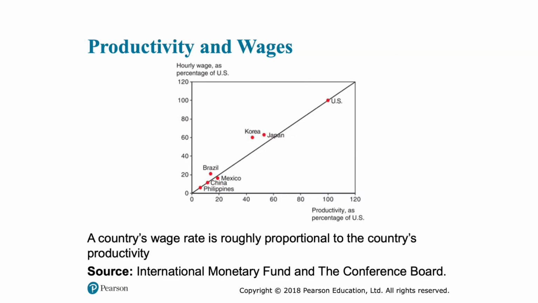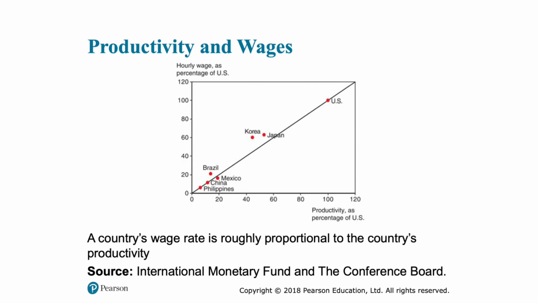So look at some cross-country examples. The X variable is productivity as a percentage of the US. China has low per capita productivity, and the wage rate is also very low. Right? Korea, it's old data, but anyway, here, Korea's productivity is about 42% of the United States level and wage rate is 60% of the United States level.